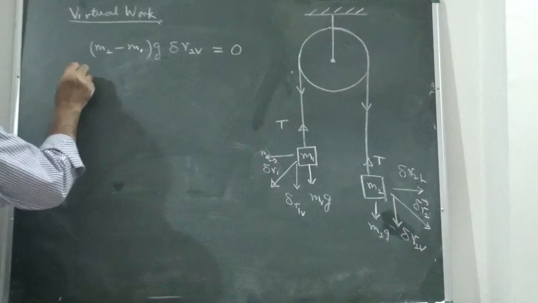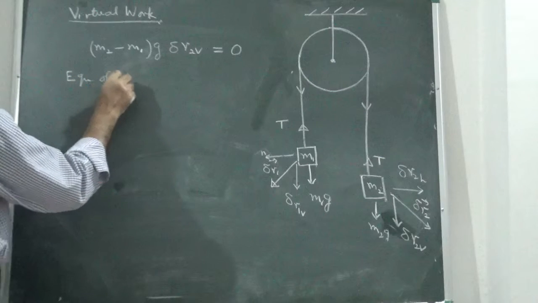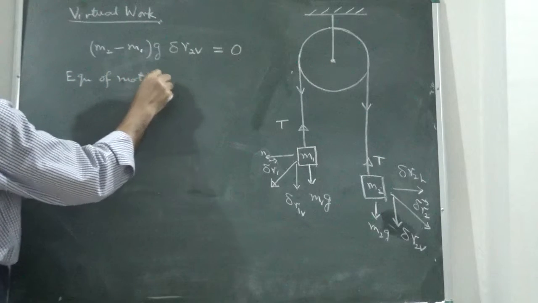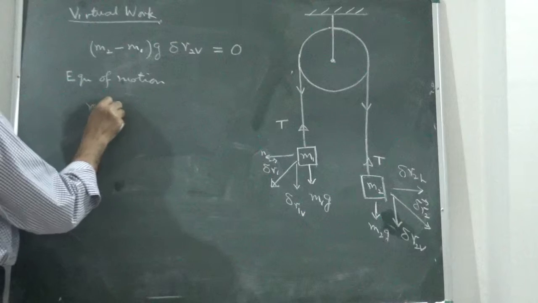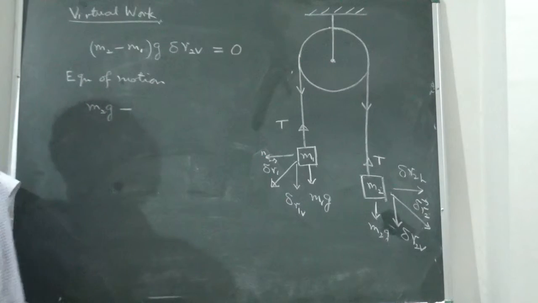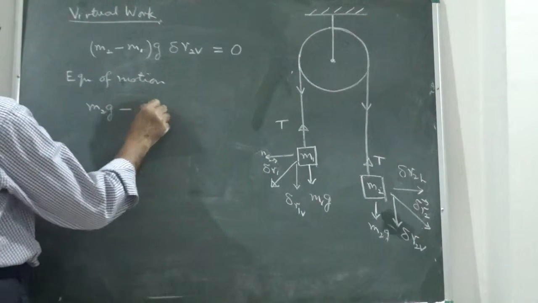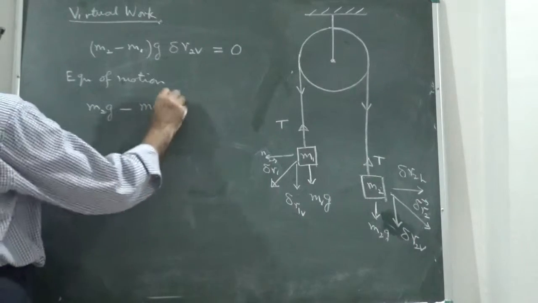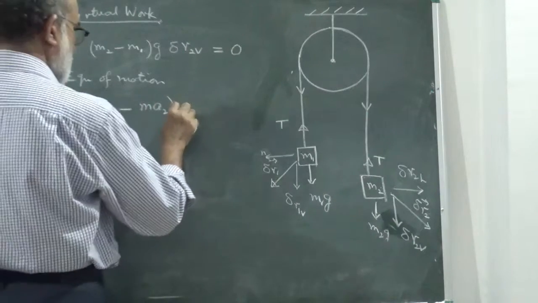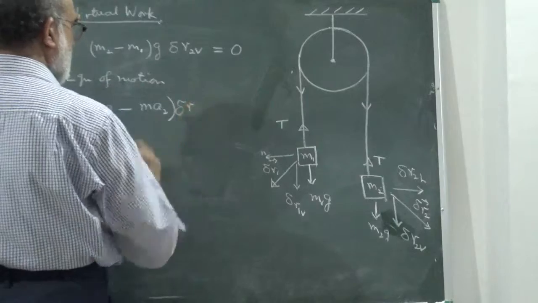Now, the equation of motion is M2G minus M2A2.